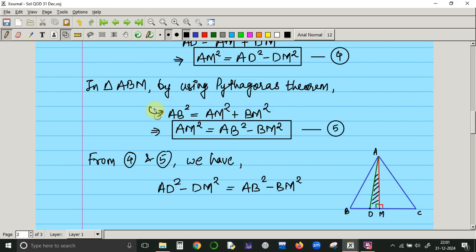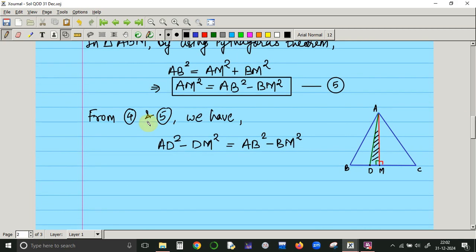Again, from this equation, I have kept AM square on one side. Now this is my equation 4 and this is my equation 5. In both equations, I have AM square on one side, so their RHS will be equal. From 4 and 5, we have AD square minus DM square equal to AB square minus BM square.